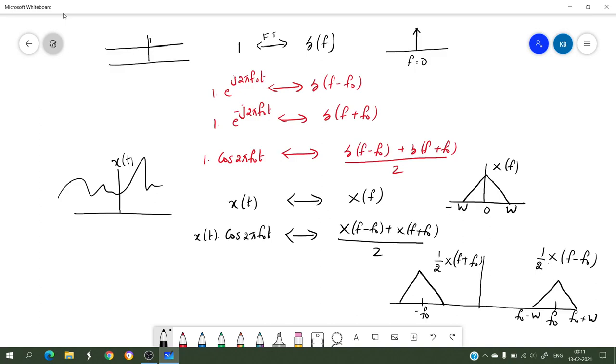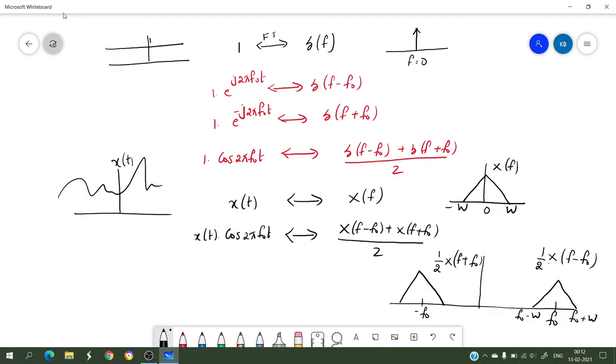You are shifting the signal by an amount of f naught. That means you have to add f naught to all these frequency components. 0 plus f naught gives f naught, W plus f naught, and minus W plus f naught will be f naught minus W. Similarly, you will get it on the left side.